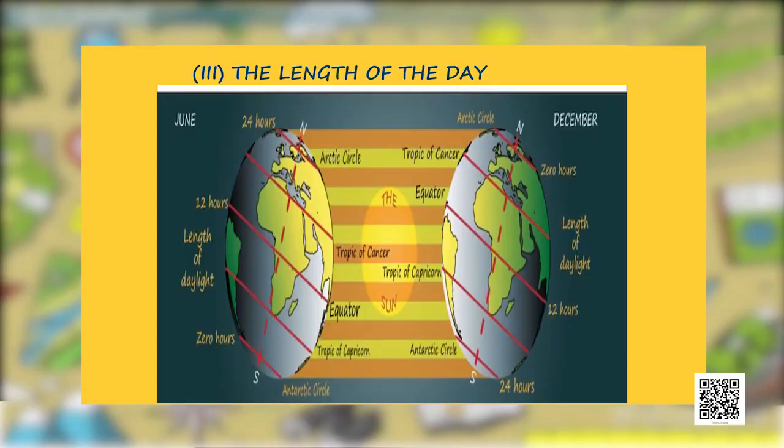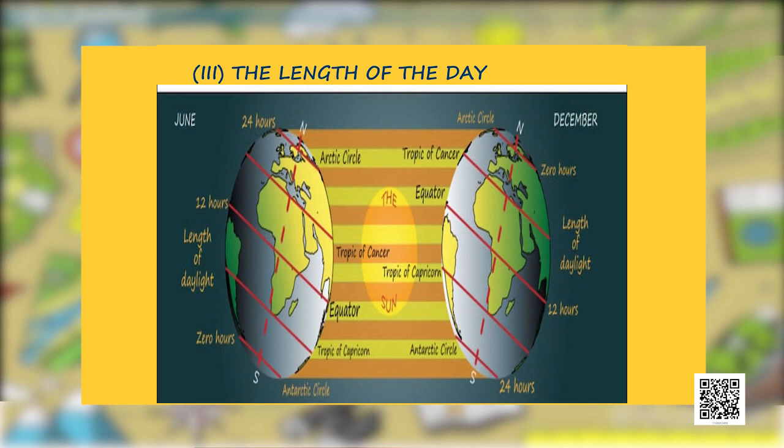And if the sun's rays are oblique, the angle of incidence is small and the sun's rays have to heat up a greater area, resulting in less insolation received there. Moreover, the slant rays have to pass through a greater depth of the atmosphere, resulting in more absorption, scattering and diffusion. The third point is the length of the day.